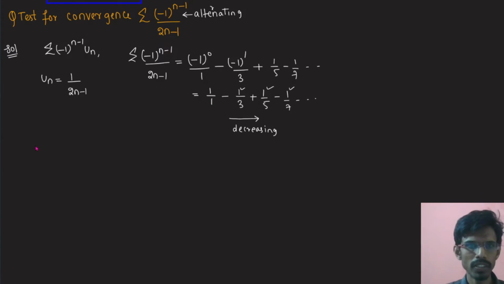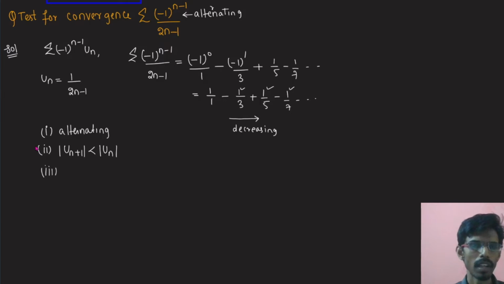So what are the conditions this question satisfies? First, the series is an alternating series. Next condition is each term is numerically less than its preceding term, that is written as un+1 less than un in magnitude, without signs. Now the third condition is limit n tends to infinity, un must be 0.